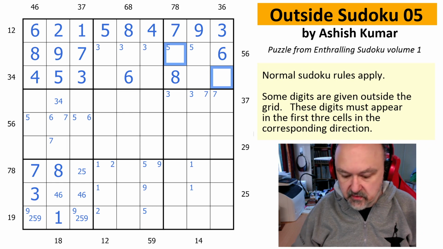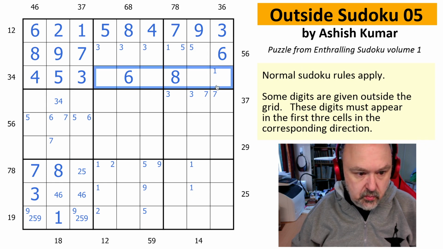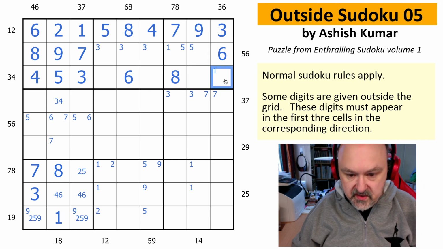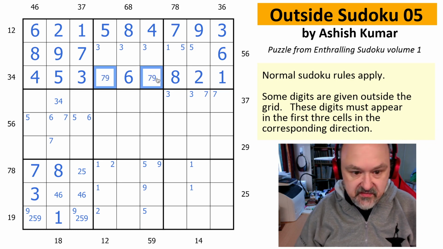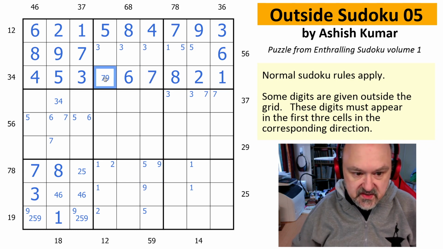1 has to be in one of those two, because it can't be in those, because it must be down here. This is 1, 2, 7 and 9. So 1 and 2 has to be here, but it can't be there, so that's 1, that's 2. This becomes 7 and 9, but 9 has to be down here, so this becomes the 7 and this becomes the 9.